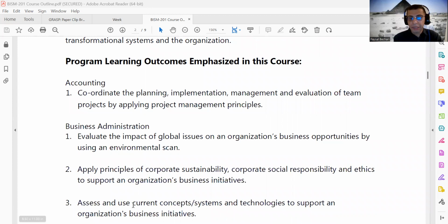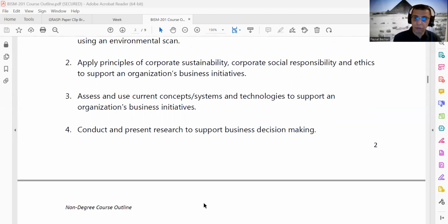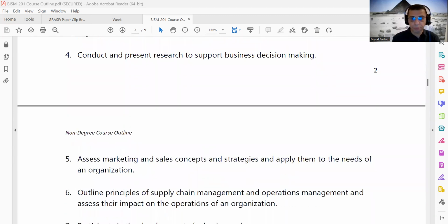We will assess and use current concepts, systems, and technologies to support an organization's business initiatives. We will conduct and present research to support business decisions, how we come up with some conclusions and facts that can support our business decision regarding implementing these solutions.